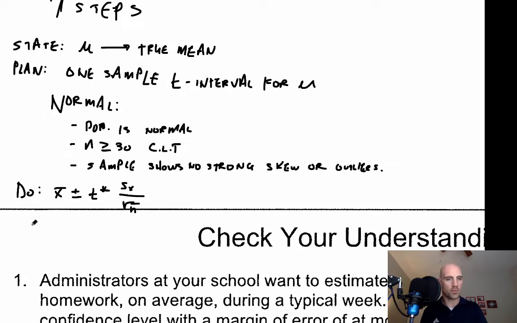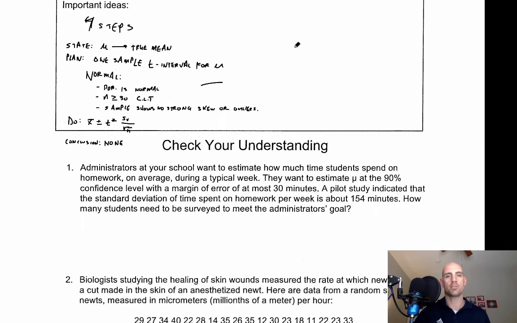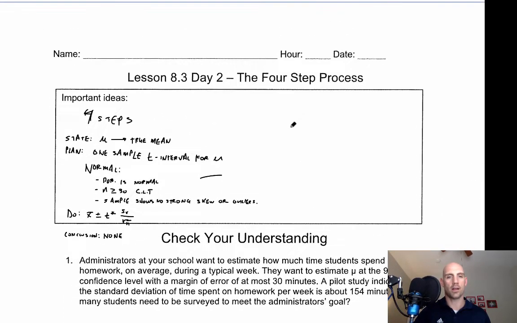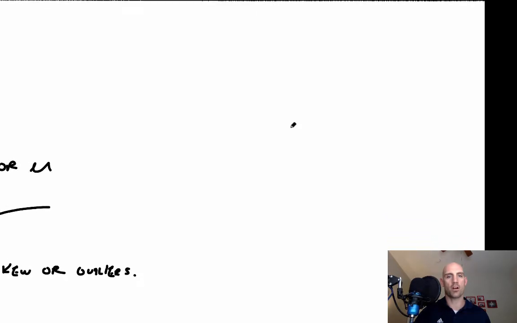And for this one, in our conclusion, these are baby steps in the direction of doing our actual inference test. So these are going to be baby steps in making this conclusion. Okay, so that's our first part, our basic first part.